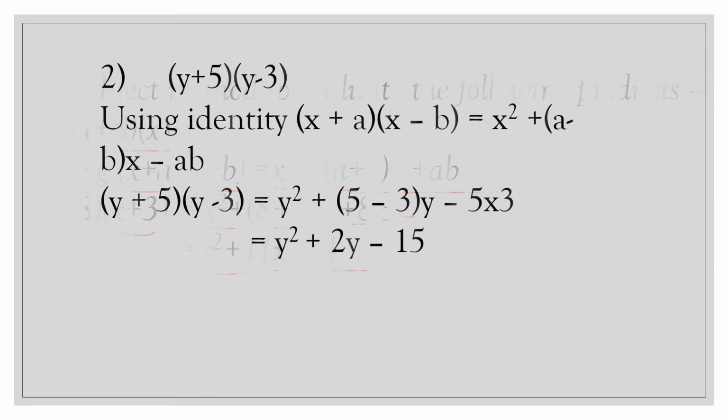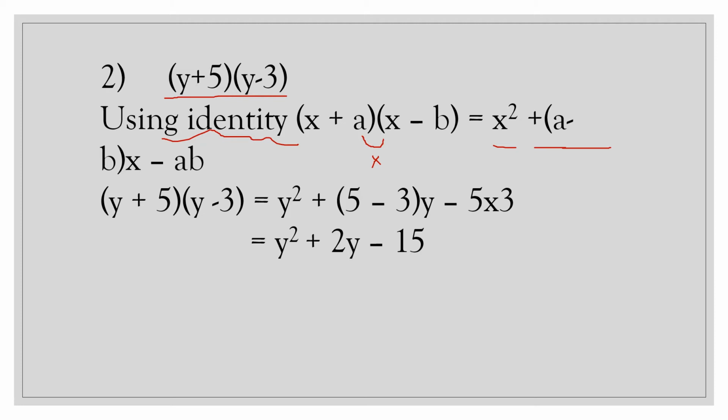Coming to the next question, (y + 5) into (y - 3). Using identity, (x + a) into (x - b) is equal to x square plus (a - b) times x minus ab.